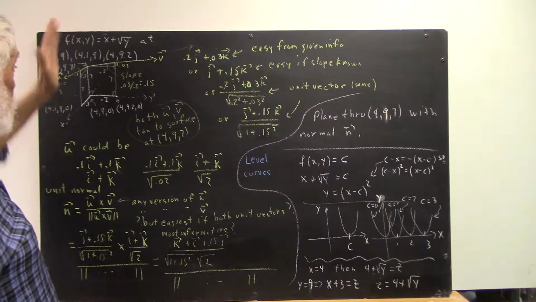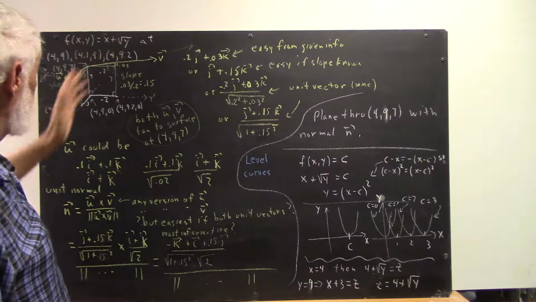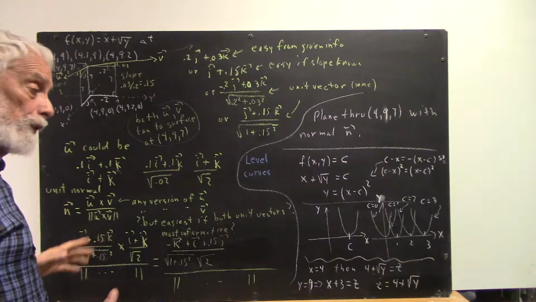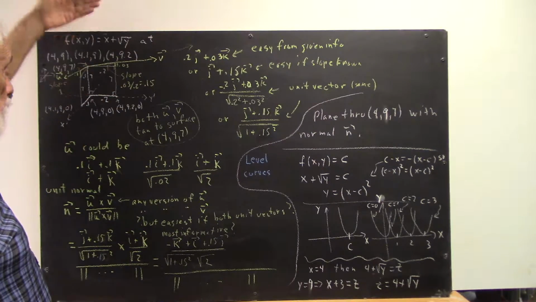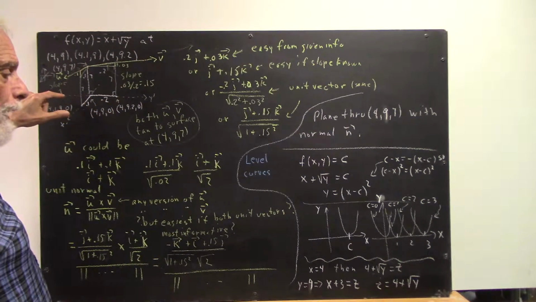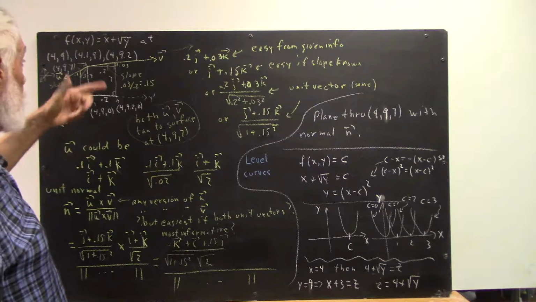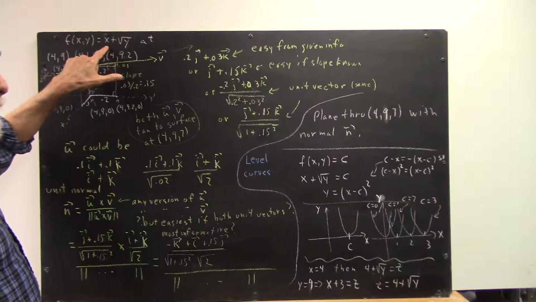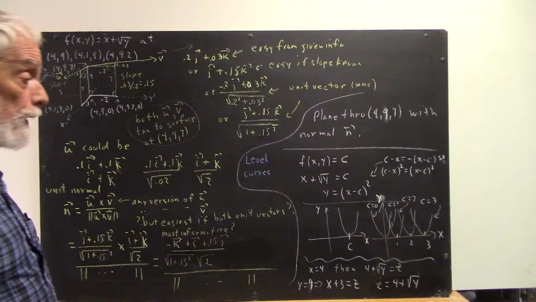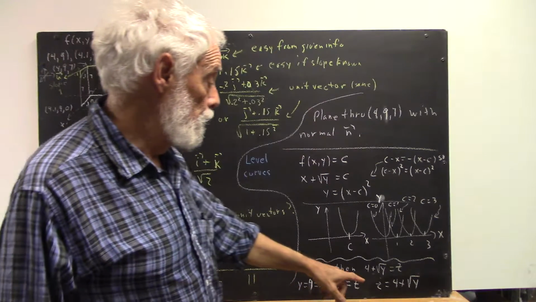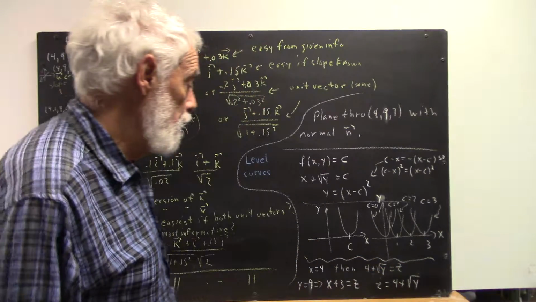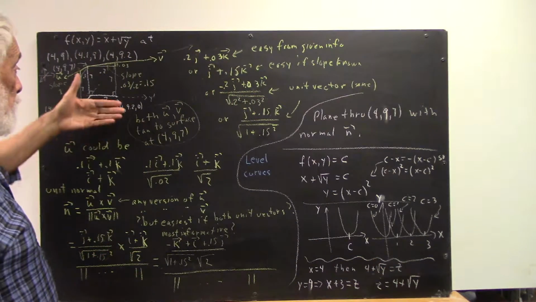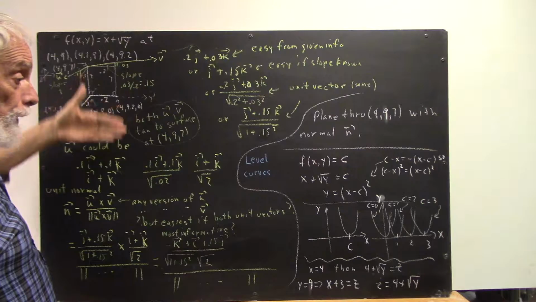So it's going to be some kind of a curve, maybe like this, maybe who knows. We'll see in a minute. What is the curve that you get if you intersect the surface with the plane x equals 4? Well, if x equals 4, then f of xy is 4 plus the square root of y. So x equals 4, we have 4 plus the square root of y, and that equals z, because of course we're looking in the yz plane.